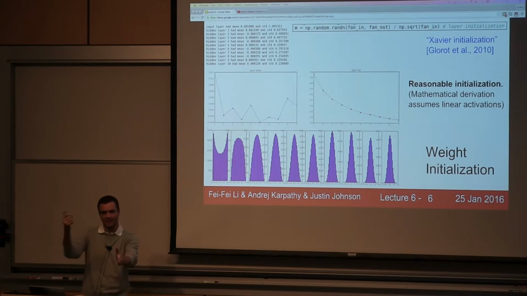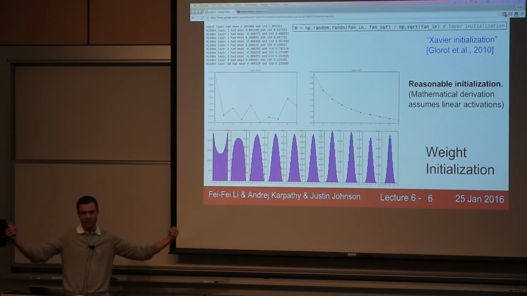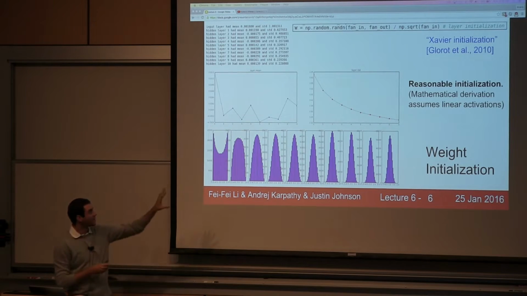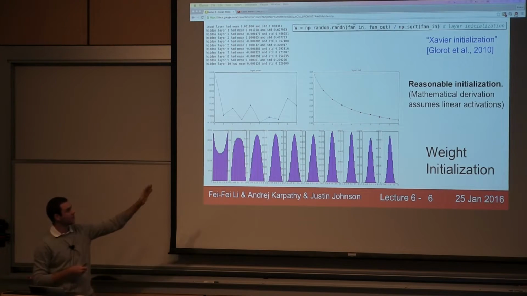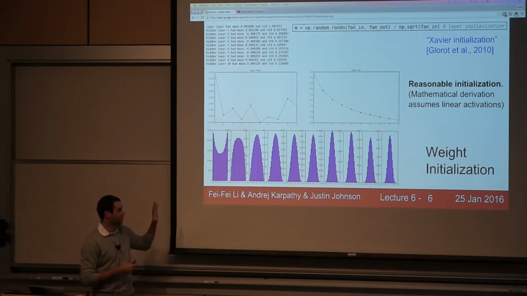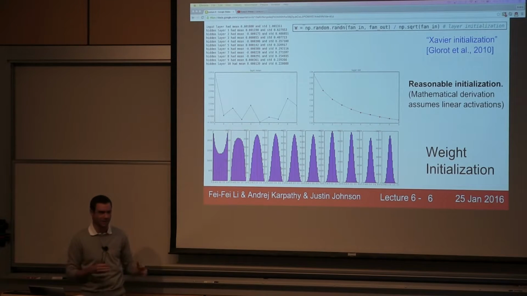And if you set that scale slightly too high, then all of them will explode instead. So you end up with either supersaturated networks, or networks that just output all zeros. That scale is a very tricky thing to set. We looked into the Xavier initialization, which gives you a reasonable thing to use, and that gives you roughly good distributions of activations throughout the network at the beginning of training.